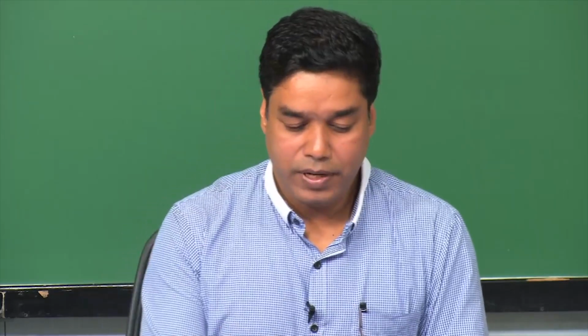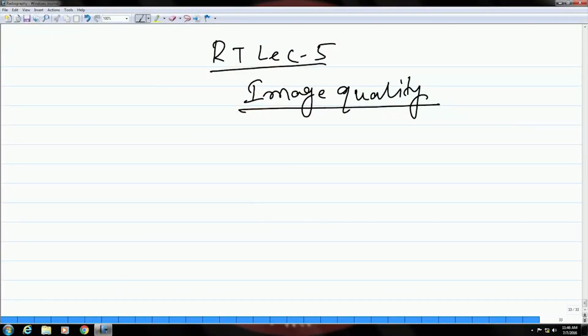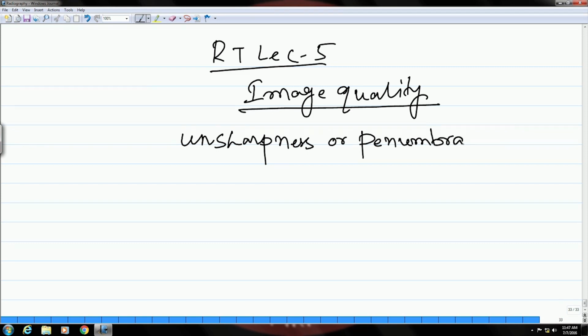So, this inability of the instrument or the X-ray radiation to reproduce the best quality image is what is called unsharpness, sometimes also called penumbra.